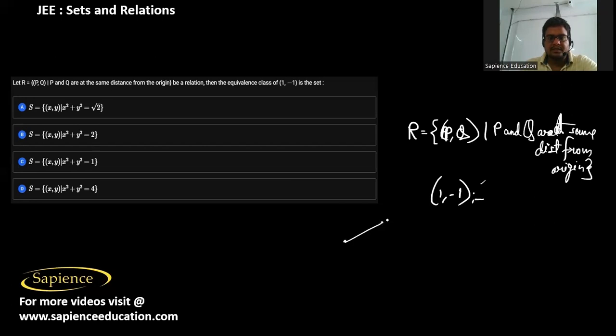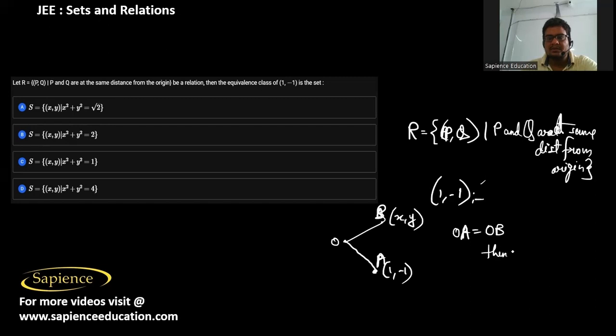So it means that any point x comma y should be at the same distance as the point 1 comma minus 1, which lies in the fourth quadrant. So this length OP, let's call this OA, that should be equal to OB.